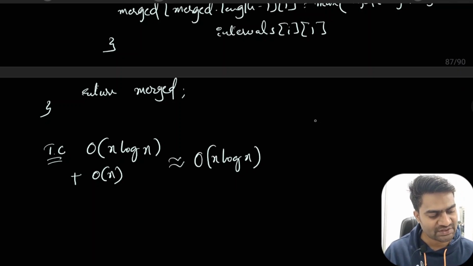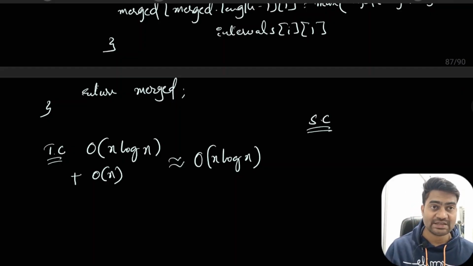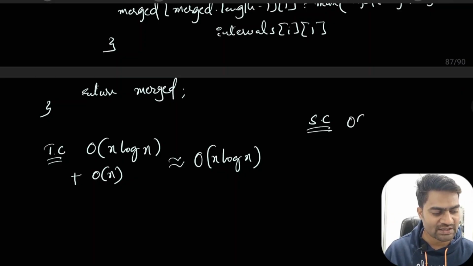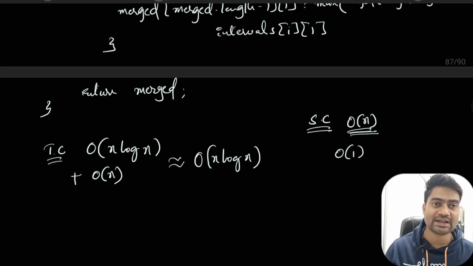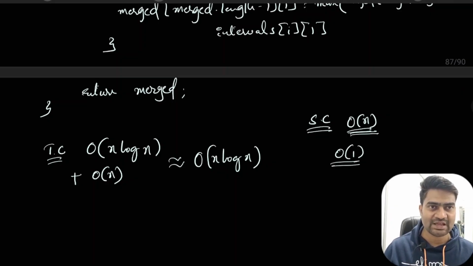Okay, and if you see the space complexity, we use the extra space to merge the values, right? So it is of order n. But here we can also say it is order 1 because this order n is to store the answer. It is not really something extra we are using in between to process. So we can simply say it is of order 1.